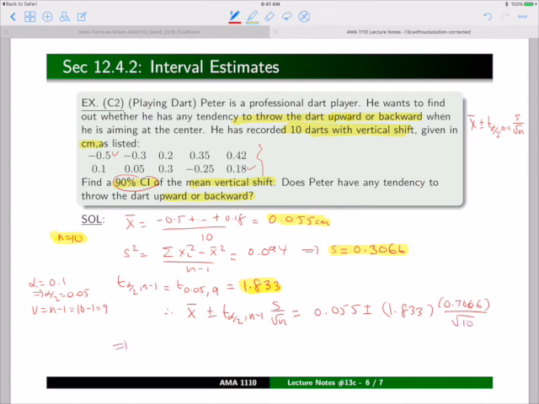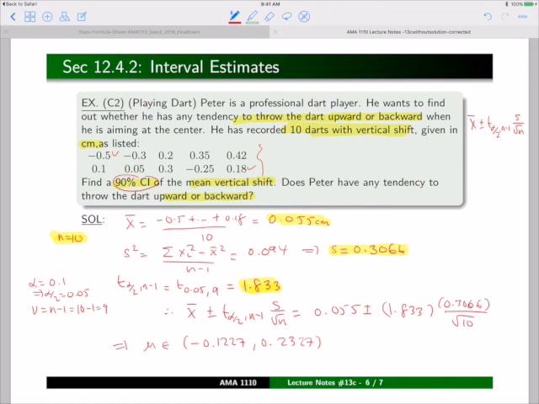So that means that the true mean vertical shift, with 90% confidence, is in this interval: 0.1227 and 0.2327. Since the confidence interval contains both positive and negative sides, there's no evidence that Peter has any tendency to throw upwards or downwards.